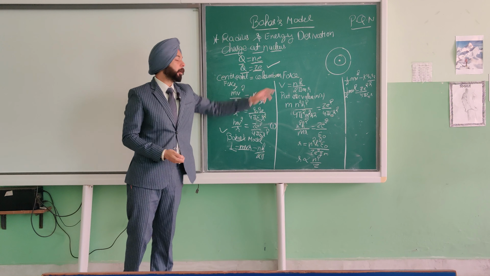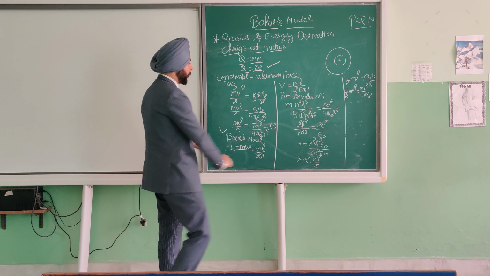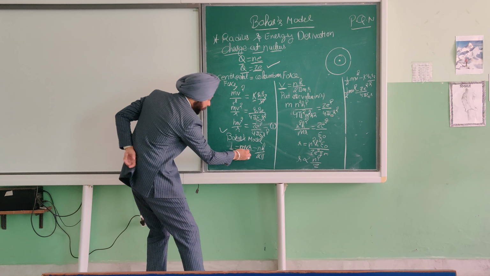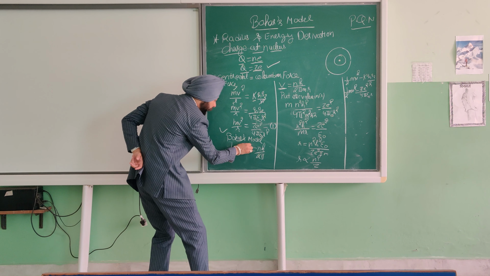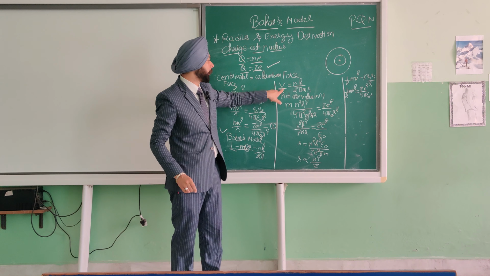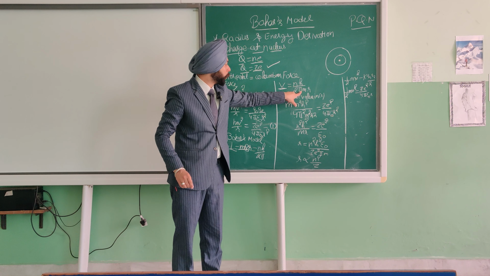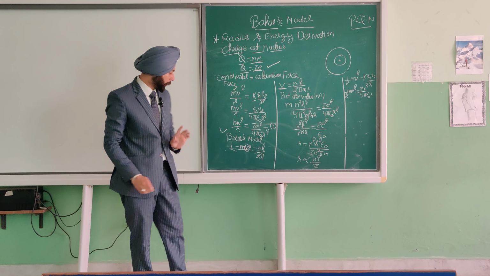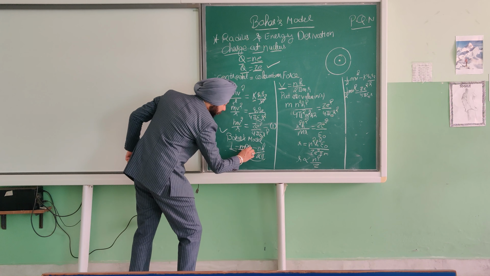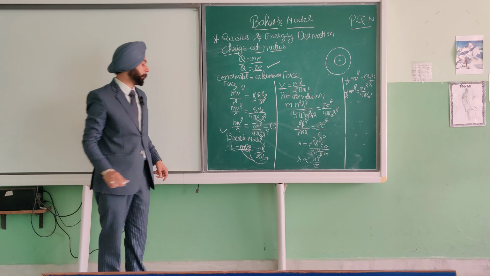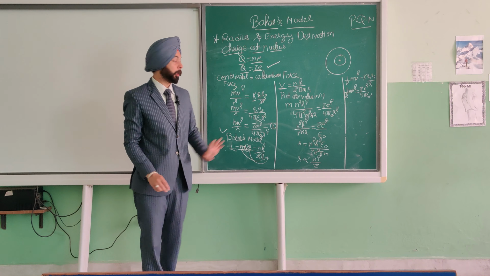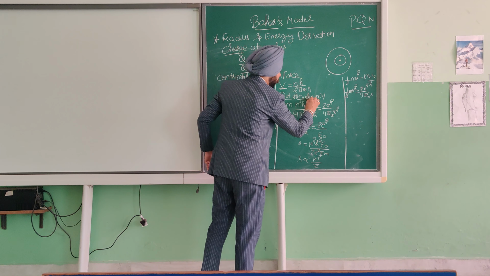Because we have to find the value of velocity v here. So now make v the subject. When we make v the subject, that means nh, m and r are cross multiplied, so v is equal to nh upon 2 pi mr. Because m and r, when cross multiplied, v is the subject: nh by 2 pi mr.